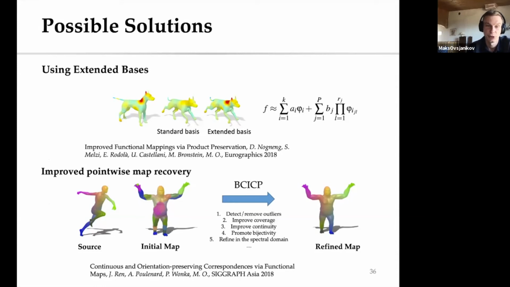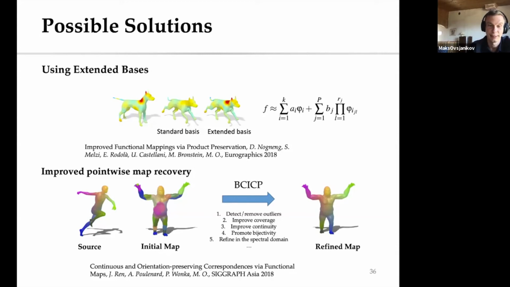Another approach is a more advanced way of converting a functional map to a point-to-point correspondence. Just to give an example, in 2018 we proposed a paper that does this conversion with a multi-stage process with many different components. We call this BCICP, for bijective continuous iterative closest point.